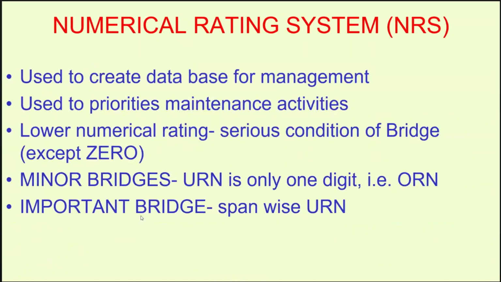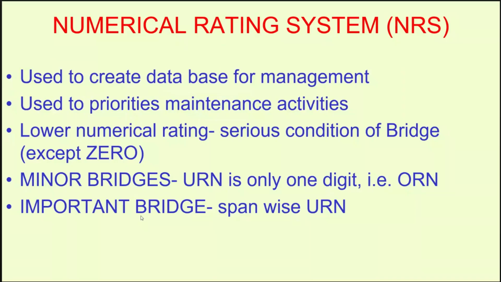So the numerical rating system is used to create a database for management, used to prioritize maintenance activity. A lower numerical rating means a serious condition of the bridge, except 0, which means not seen. So minor bridge URN is only 1 digit. Out of all these 7, we are taking one and keeping it as URN.